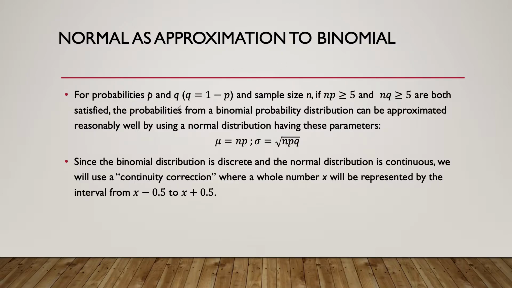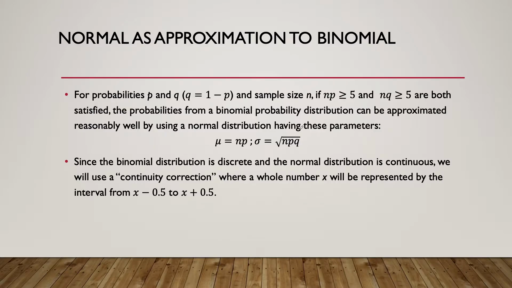This is for probabilities p and q, where q is 1 minus p, and sample size n. If n times p, the sample size times the probability of success p, is greater than or equal to 5, and the sample size times the probability of failure is greater than or equal to 5, are both satisfied, the probabilities from a binomial probability distribution can be approximated reasonably well by using a normal distribution, having the mean equal to the sample size times the probability of success, and the standard deviation being the square root of the sample size times probability of success times probability of failure.